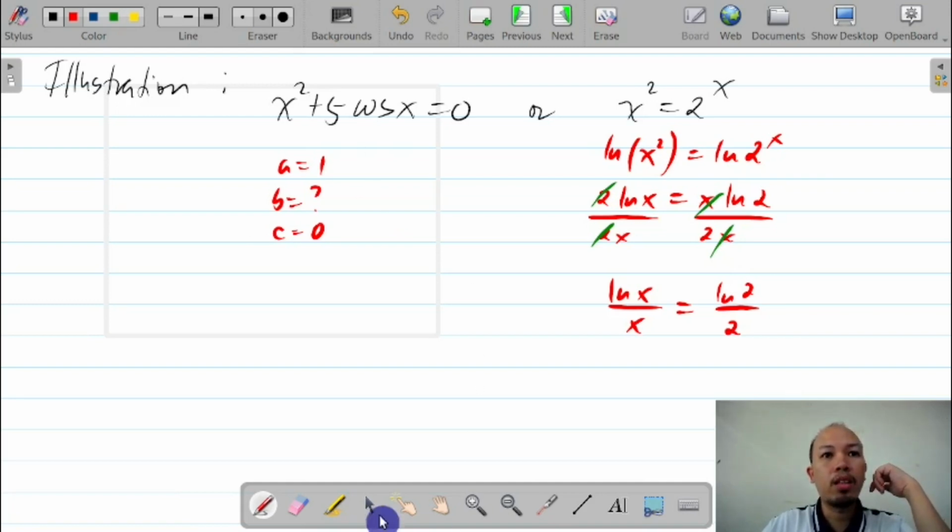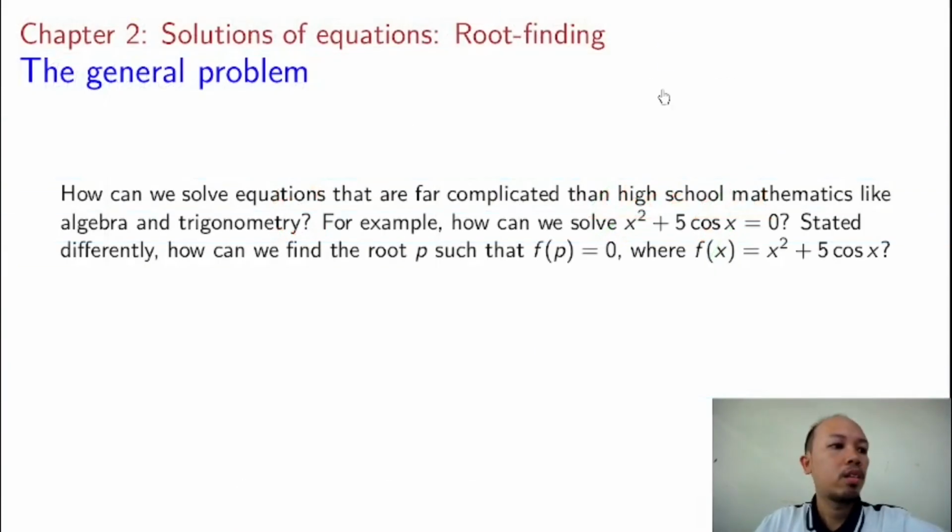This is much more complicated than our problems in algebra and trigonometry, and there are a lot more. For this, we will try to solve this kind of problem in numerical analysis. What we will do here is notice that this is an equation, so we will convert this equation to a function.